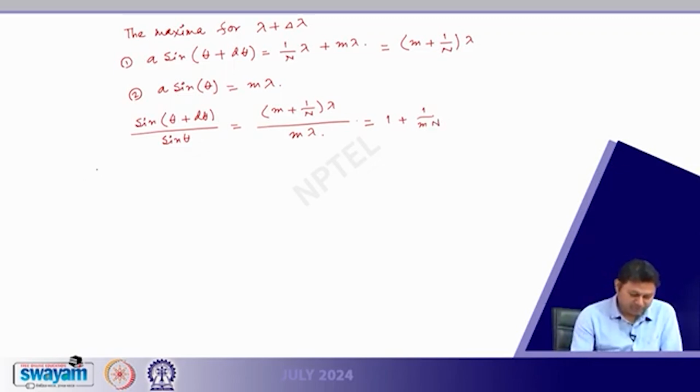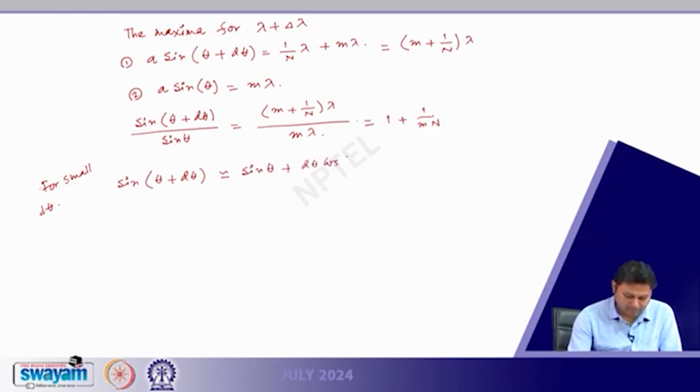Now, for small d theta, sin of theta plus d theta is nearly equal to sin theta plus d theta cos theta.